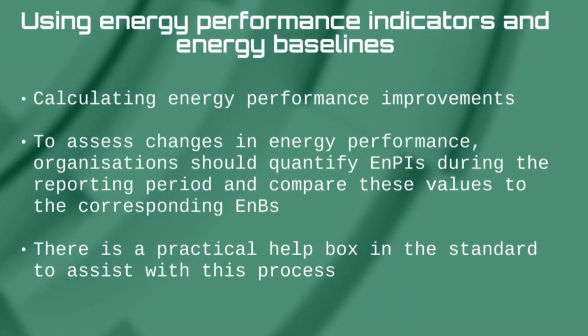Just to illustrate how helpful, possibly too helpful, there's an example in help box 8 that tells you that if your energy use in the baseline period was A and your energy use in the reporting period was B, the improvement is A minus B. It is very easy to follow the advice.